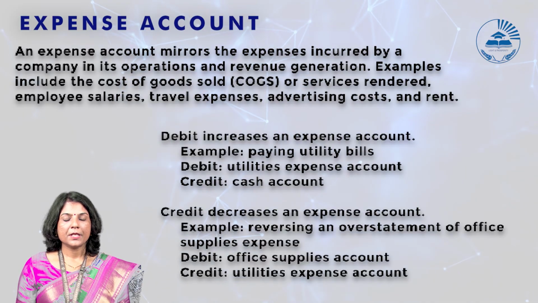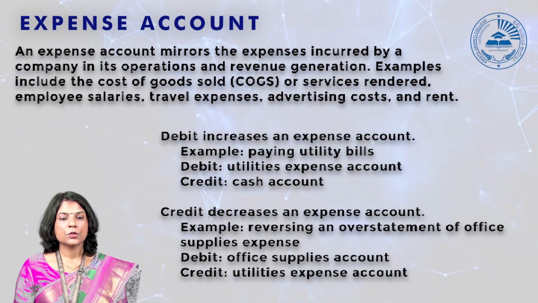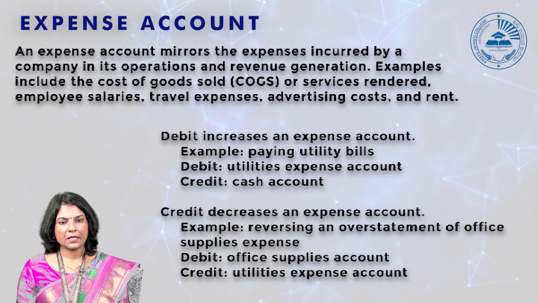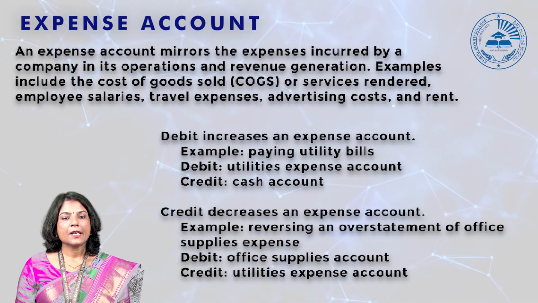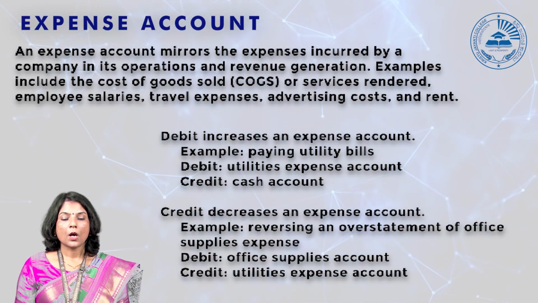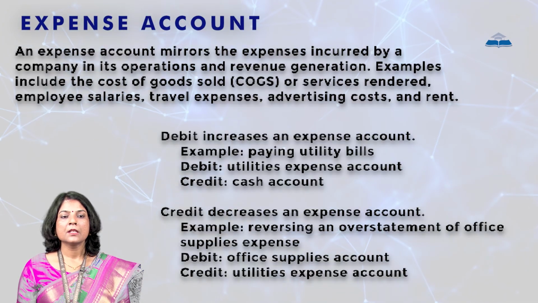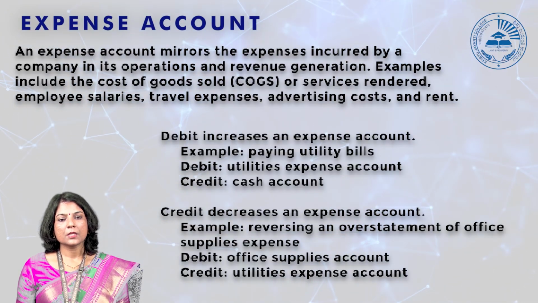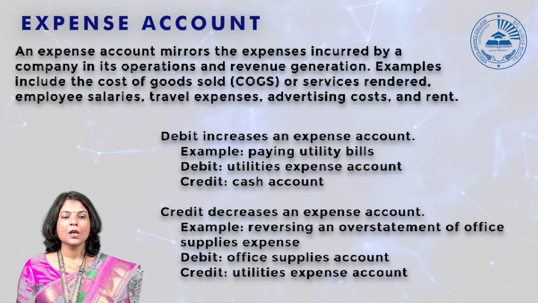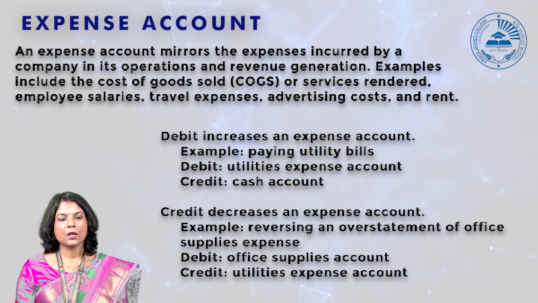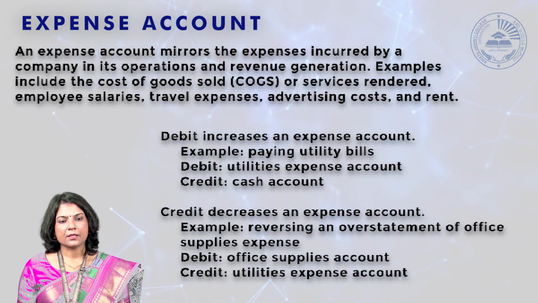Now I will give certain examples. For a debit increasing an expense account, for example, paying a utility bill: the company has paid electricity bills. How will the journal entry be passed? There are two accounts involved, the utilities expense account and the cash account. So the debit will be the utilities expense account and the credit will be the cash account.